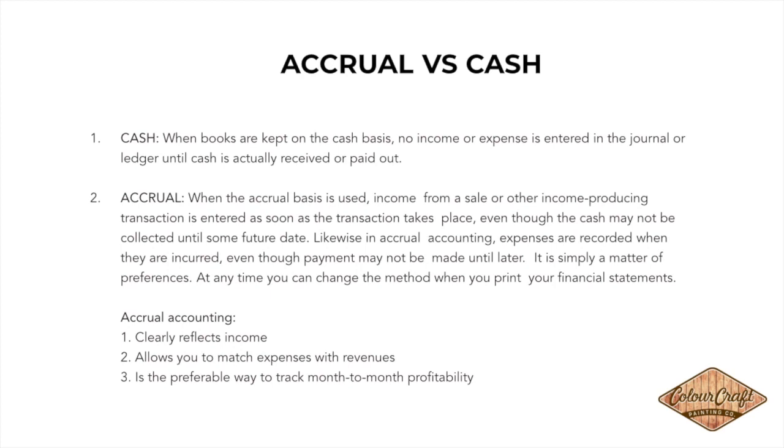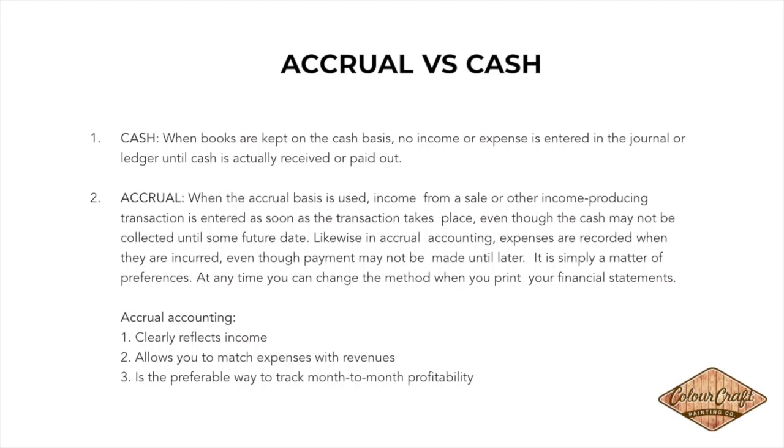There is no actual right answer here. You're best to actually have a chat with your accountant about this. The accrual accounting clearly reflects the income from a year. So even if I sell $500,000 or I produce $500,000 of revenue, and then I don't actually collect it all in that same year, I'd still report that I made $500,000 of revenue in that year.